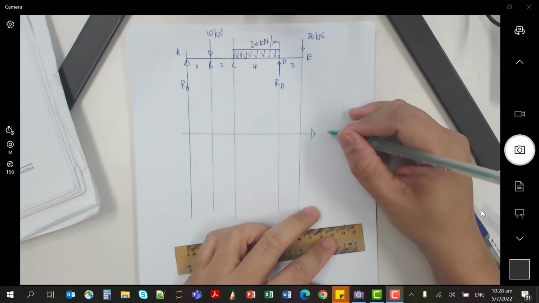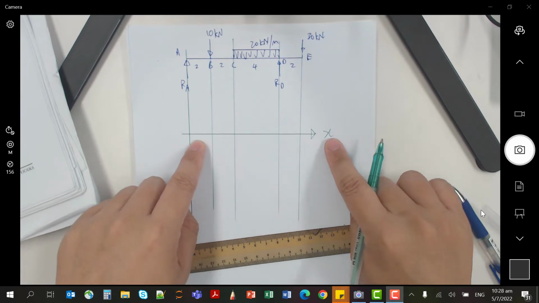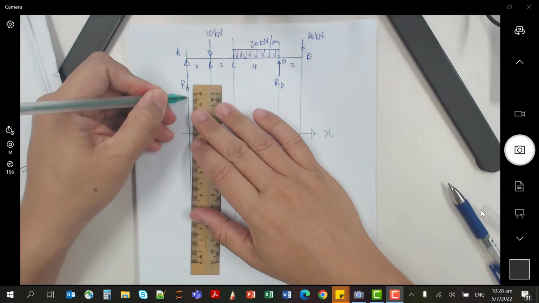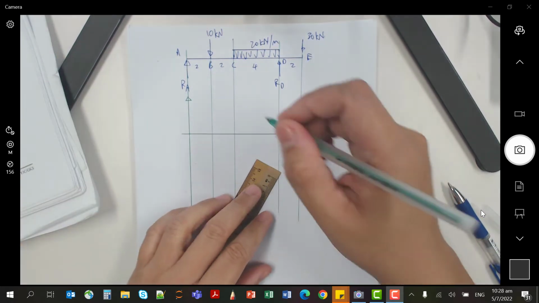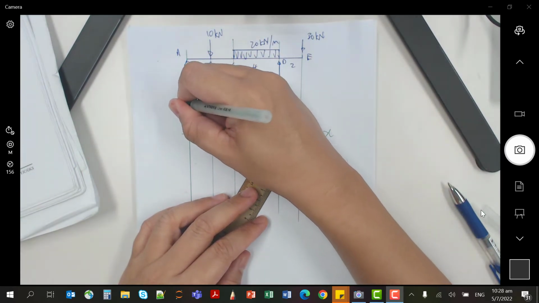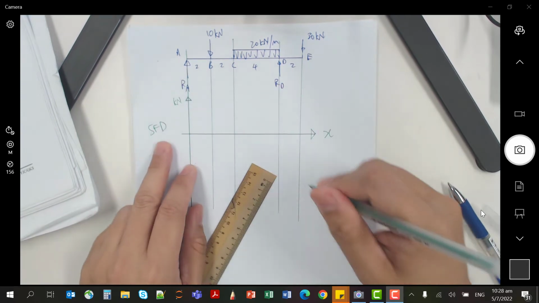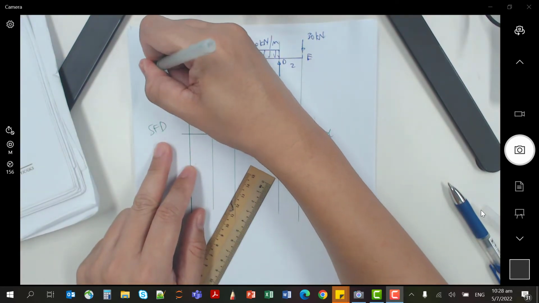So this would be X, distance along the beam. The y-axis will be your shear force, which is in Newton, kilonewton. And this is your shear force diagram.